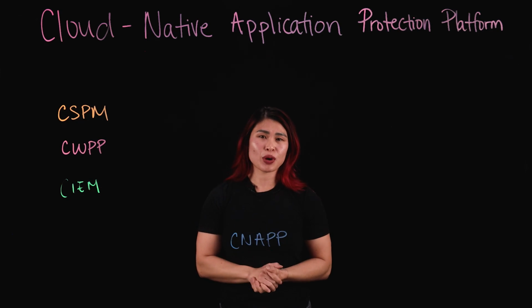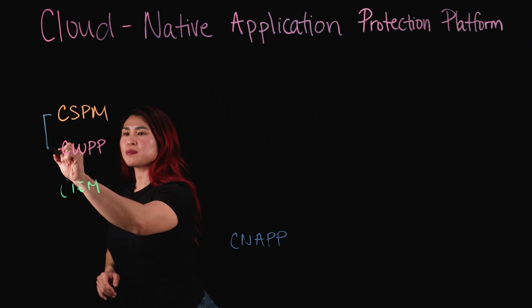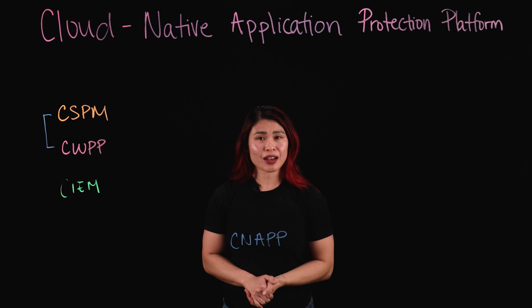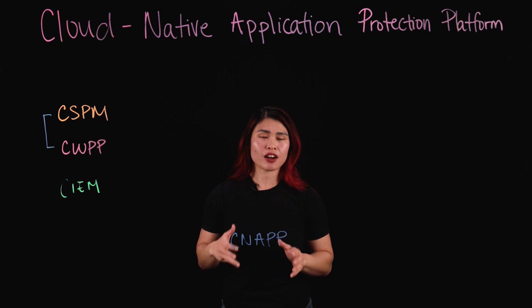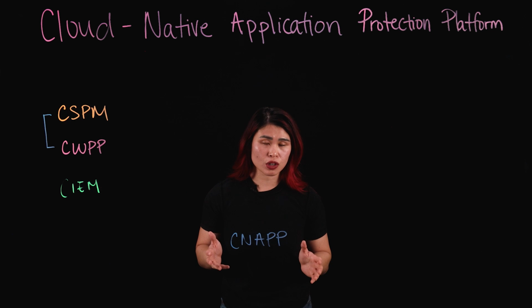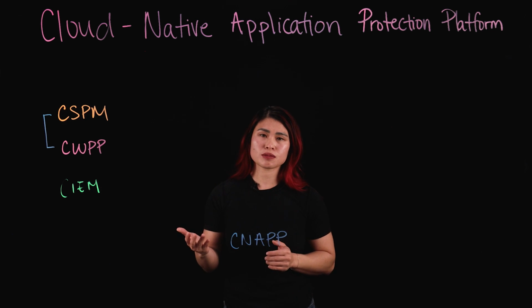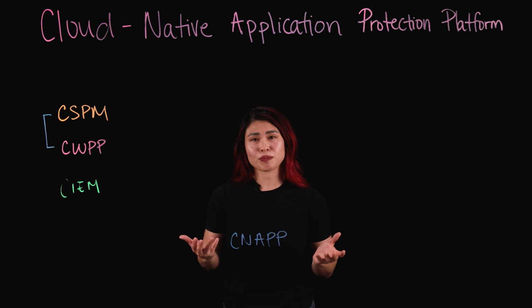The next key component of a CNAPP platform is CWPP, also known as Cloud Workload Protection Platform. This type of security solution is targeted on how can you protect your workloads. Workloads such as containers, hosts, virtual machines, serverless functions, and more.